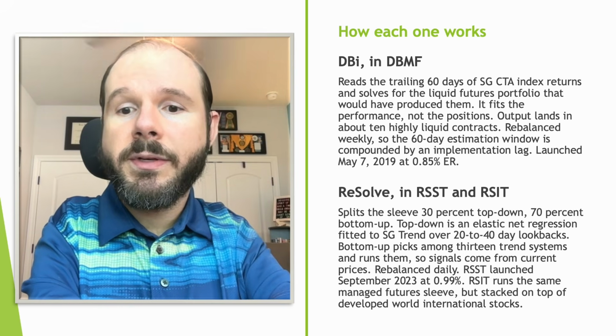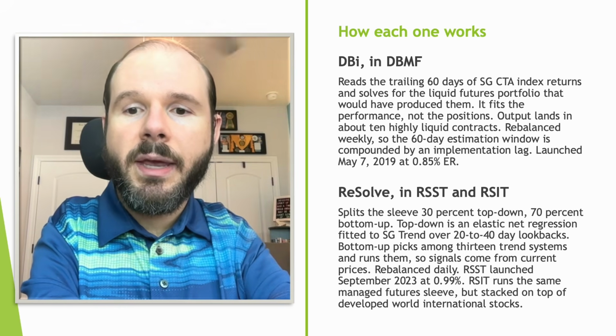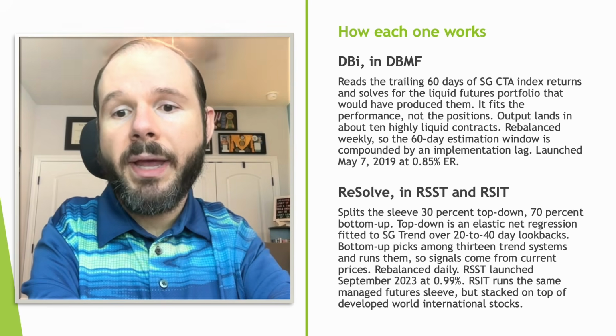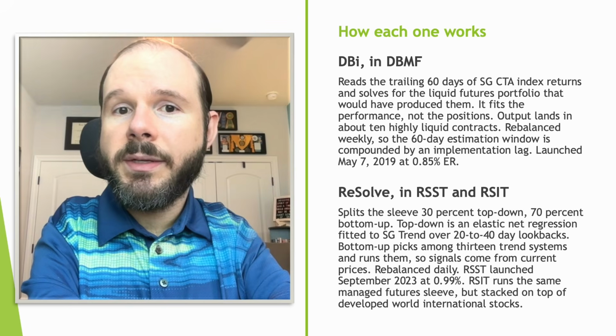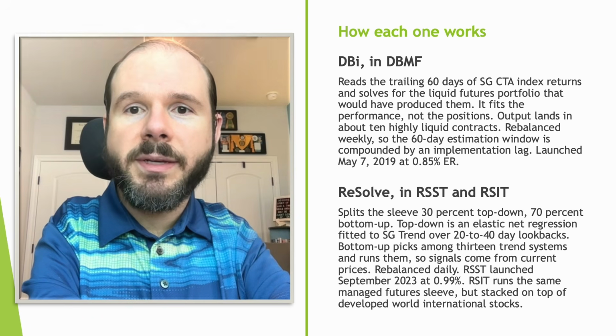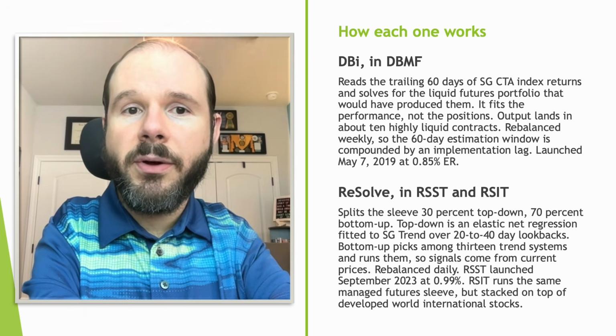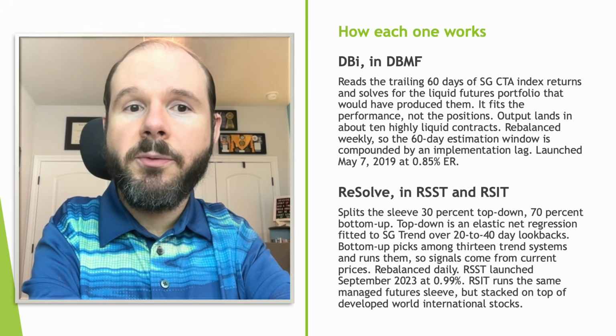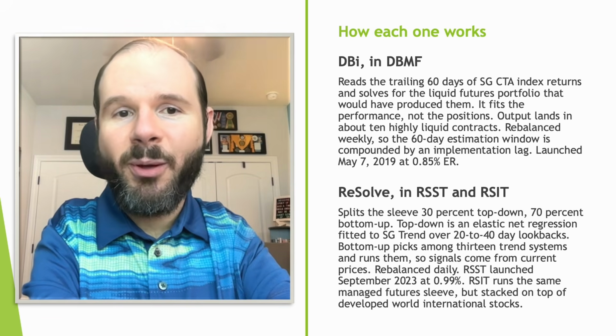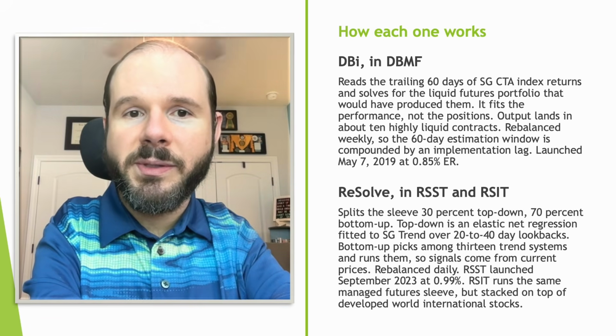So Resolve is bringing in more markets, and it's rebalancing way more frequently. DBMF is not just estimating from a 60-day backward-looking window, it is then implementing that estimate with up to a week of additional lag on top. Sometimes that lag helps, sometimes it hurts.